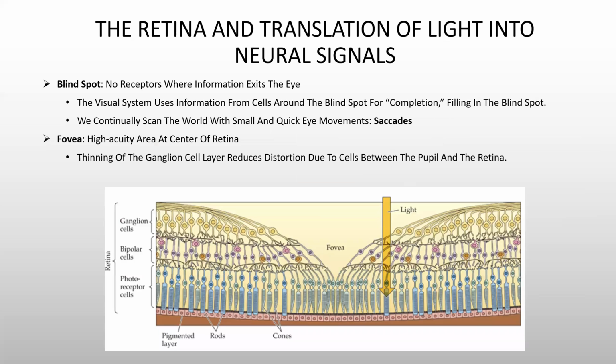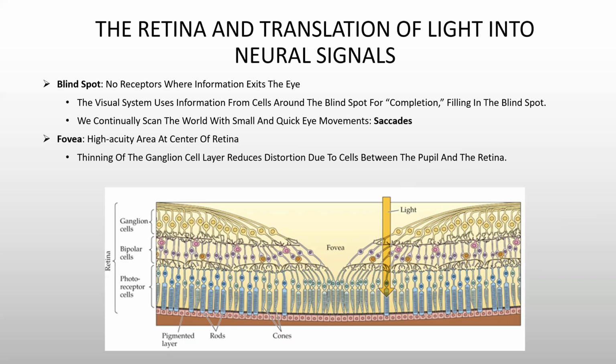Now, this is another view of the retina, but I wanted to focus on a couple other terms here. Blind spot: no receptors exist where the information exits the eye. The ganglion cell axons, that optic nerve, when it leaves the eyeball, there's no receptors there, so that's a blind spot.